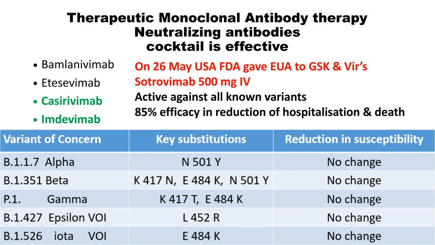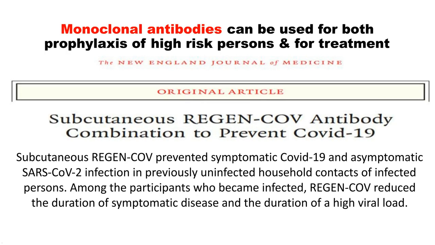They are active against all known variants, and efficacy is 85% in reduction in hospitalization and death. The monoclonal antibodies, or a cocktail of them, could be used both for treatment if given in the first 72 hours of infection, or could be used subcutaneously for prevention in those who are at high risk and are getting exposed.